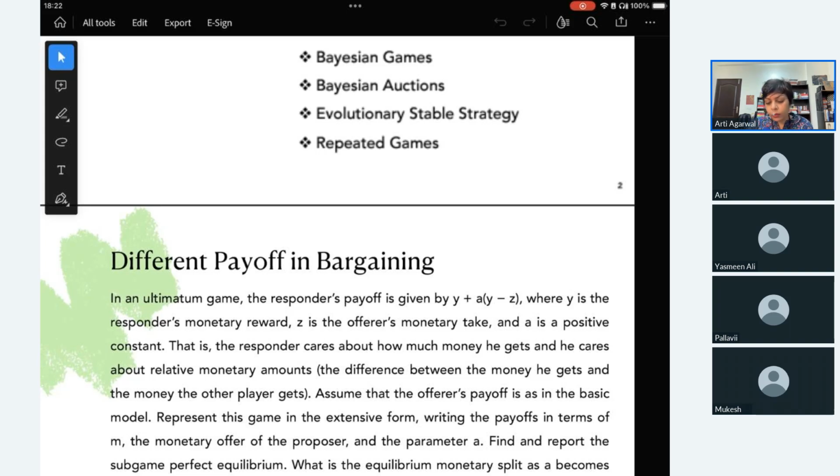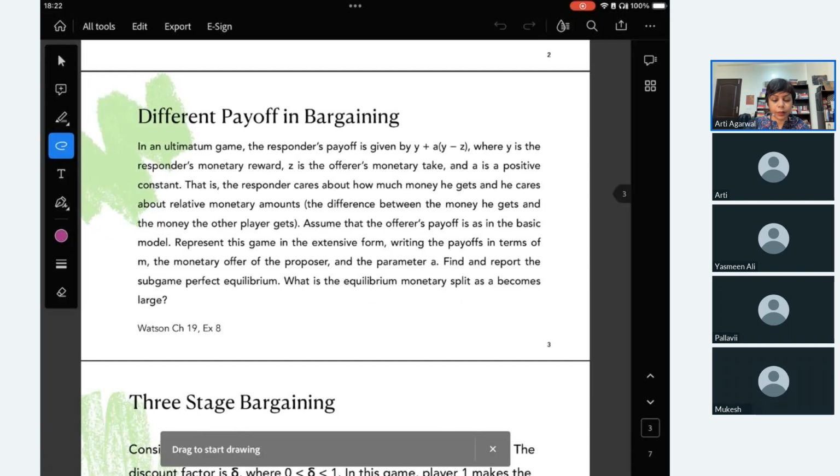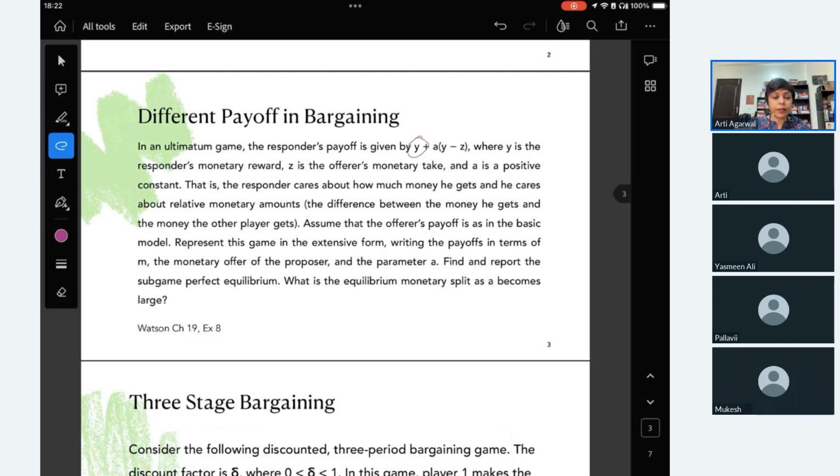So here we are saying that the responder, that is player 2, cares about how much he gets, which is y, and he also cares about some function of the difference between the monetary amount he gets versus what the other guy gets. So if player 1 is getting quantity z and player 2 is getting quantity y, then y minus z is the difference between their monetary takes.